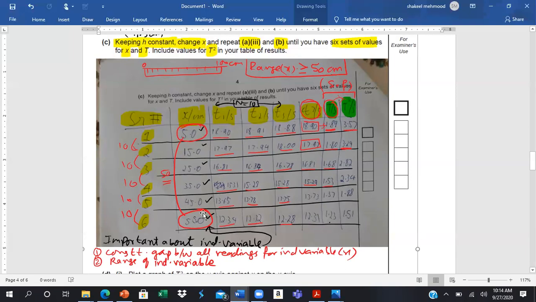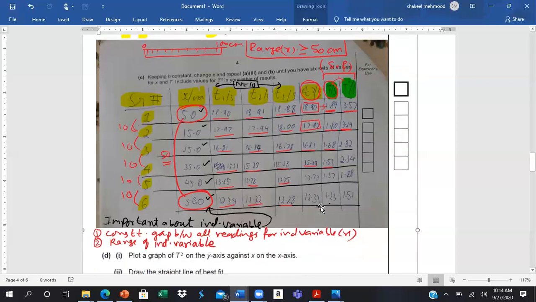Down the column, the same decimal places should be there. Like in X, 1 decimal place, in T1, 2 decimal places, in T2, 2 decimal places, in T3, 2 decimal places, in average time, 2 decimal places. And then in the last 2 columns, time period and T square, these are calculations, so your significant figures should be the same.